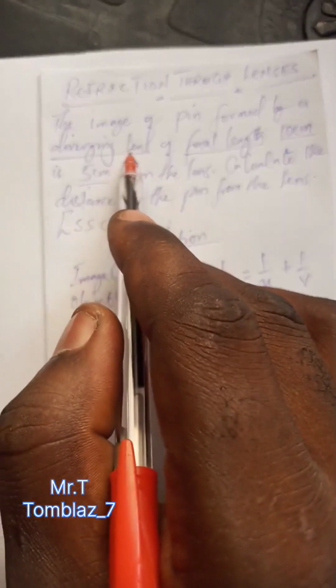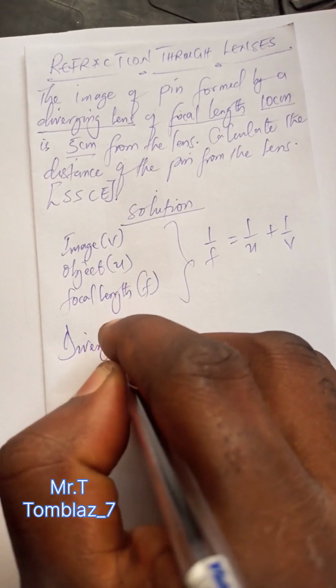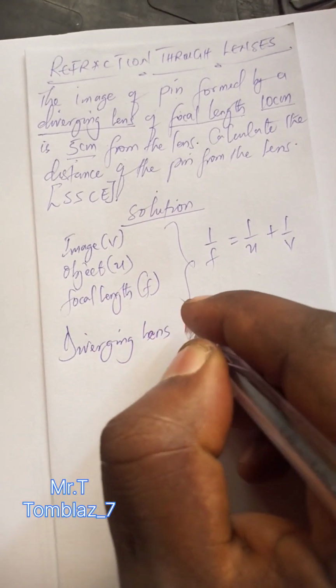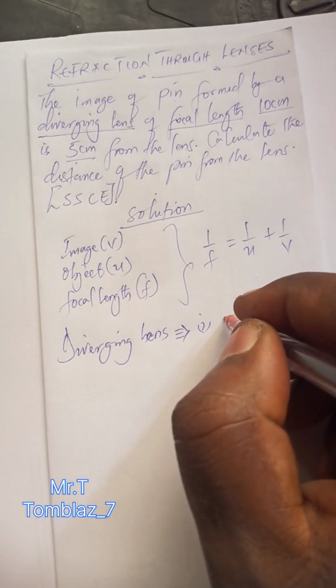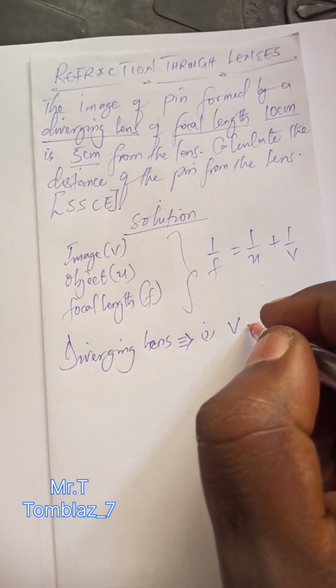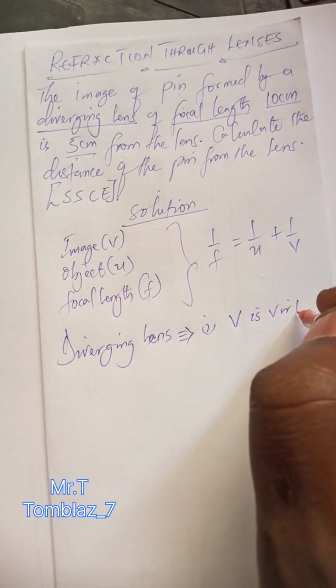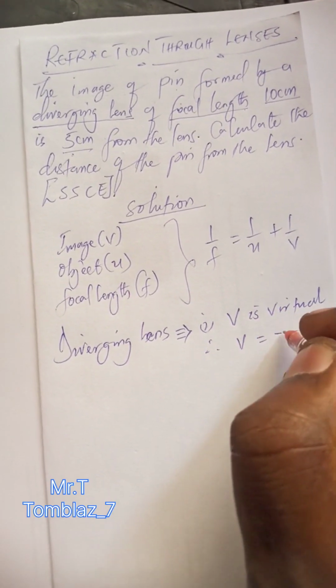Now, the point to take note of is this. Whenever you're talking about a diverging lens, we are to note the following. 1. The image formed is virtual. Therefore, V is negative.